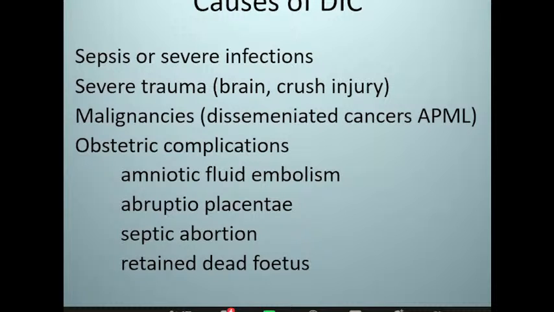Preeclampsia and eclampsia can result in microangiopathy, manifesting as disseminated intravascular coagulation. I don't know whether you have done your obstetrics rotation, but I think we'll see these all next year. These are important causes of disseminated intravascular coagulation.